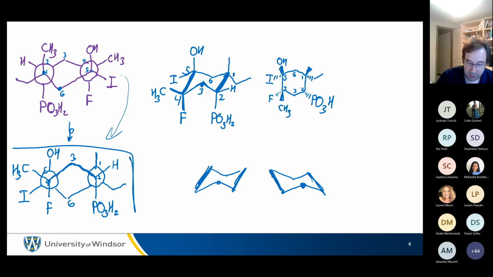And if I want to look down these bonds, which I really do because they're easier to do, I'm screwed. In both cases, that carbon in between is above the base, and here it's below. So there's nothing wrong. You can do this if you want to look at these chairs from a different angle.